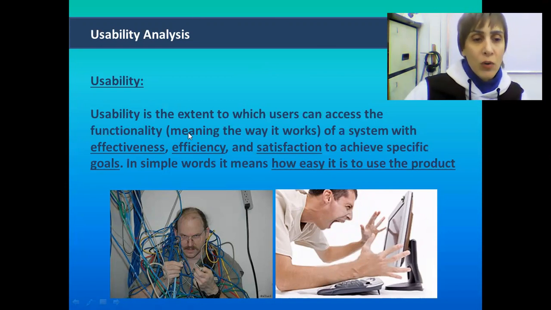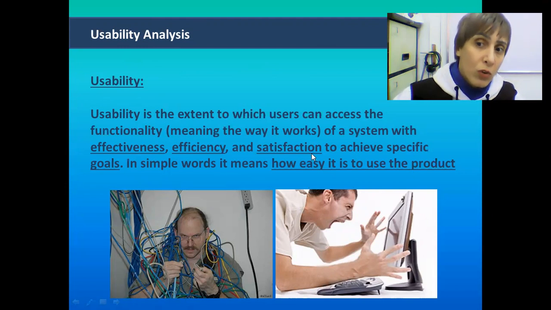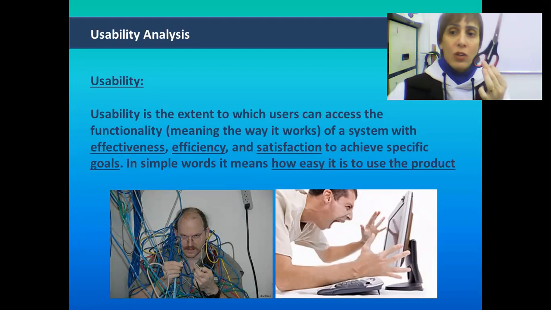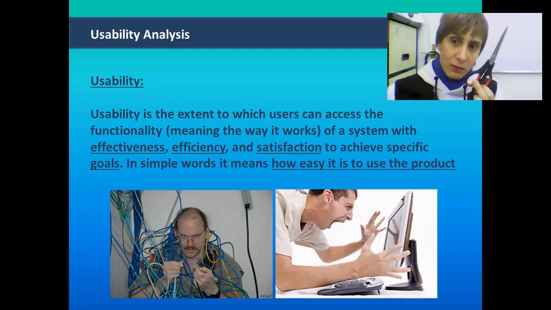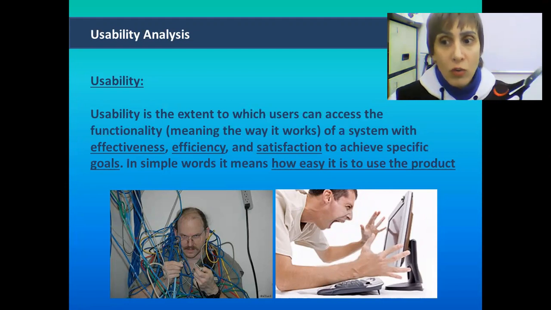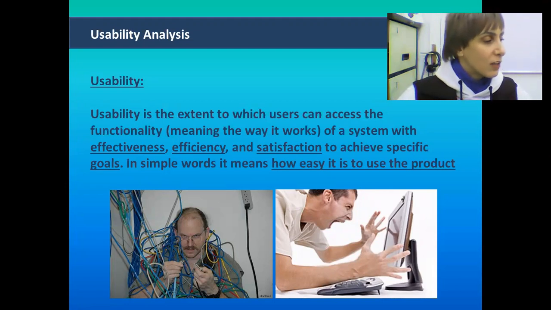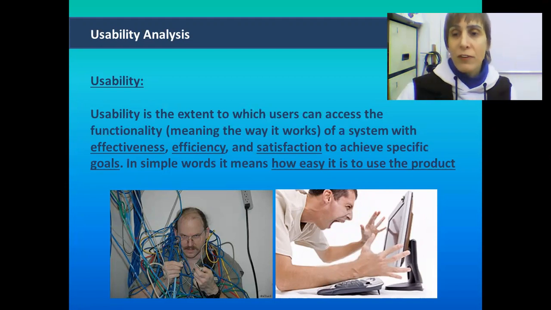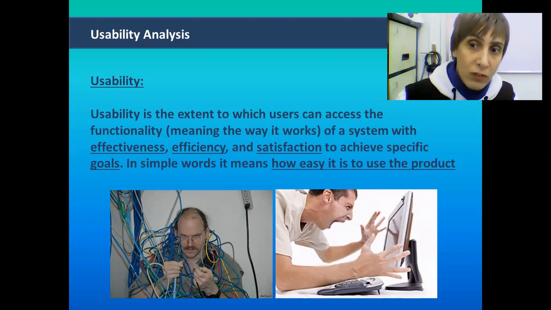It's very easy. So usability means how easy it is to use the product. When you say this product is usable, it means it's easy to use. If you say this one is not usable, it means it has some problems and difficulty in knowing how to use it.